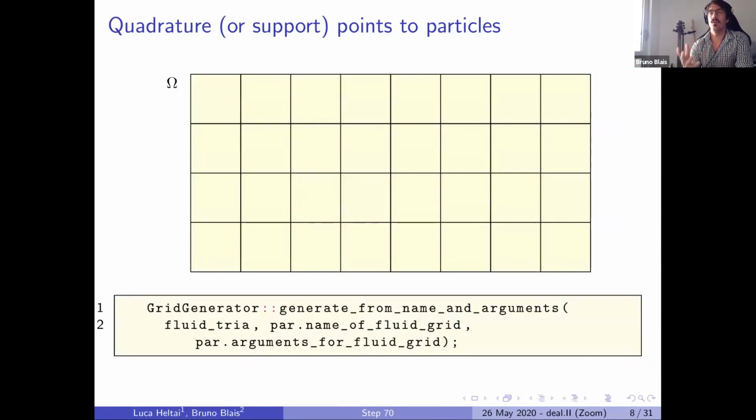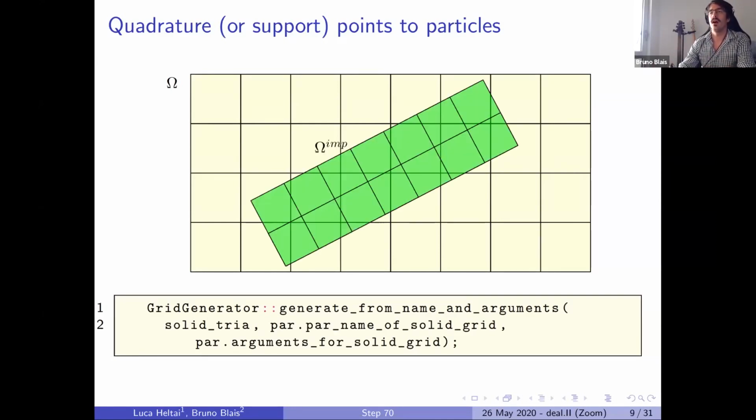So we start with our basic background grid. In our case, this will be the grid which we will use to solve the fluid problem. So this is our background domain, which we will name omega. On top of this domain, we add an additional domain that we generate also using the grid generator.